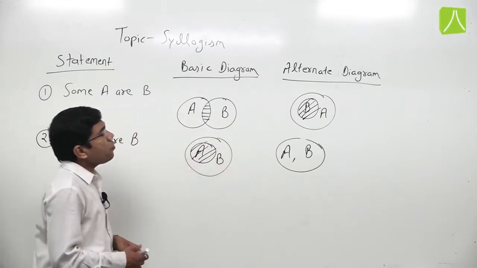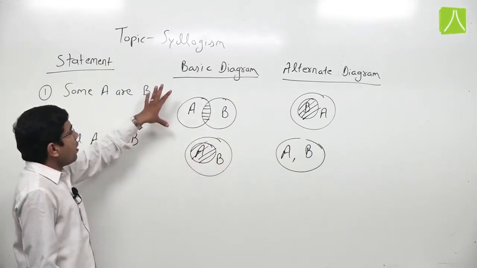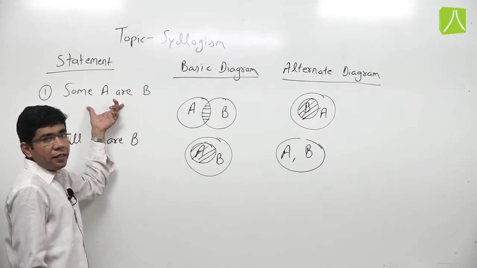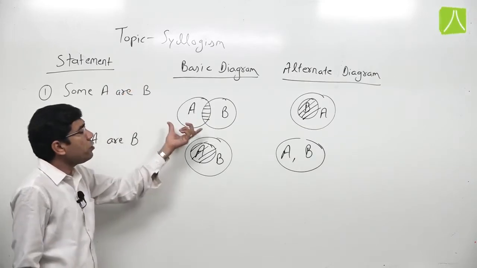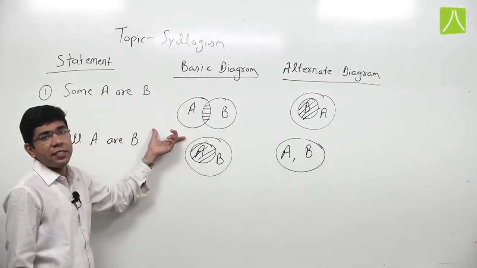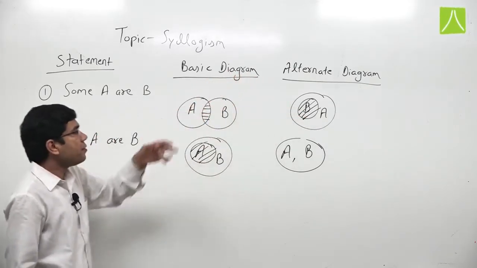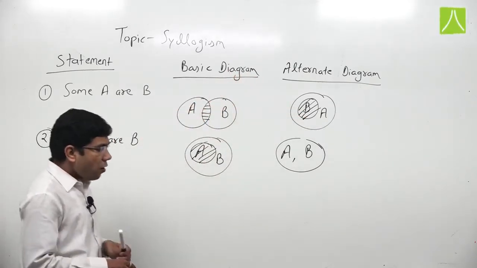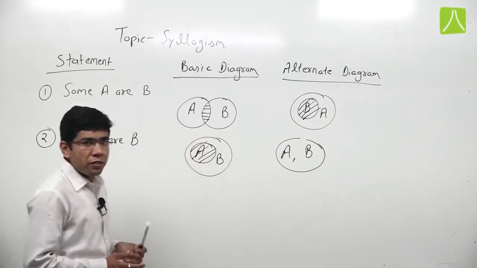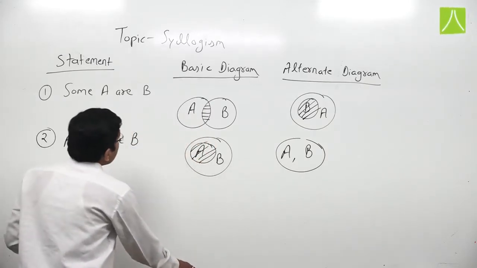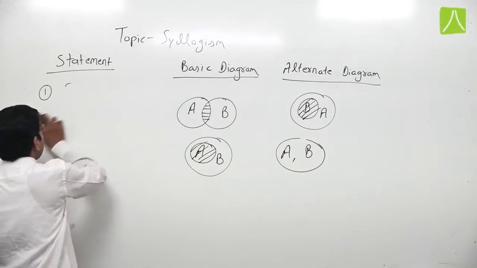So the definition of basic diagram is: the statement as it is shown in the diagram is called basic diagram. Other than basic diagram, all the diagrams are called alternate diagram. Now when these diagrams are used is defined by the examples.